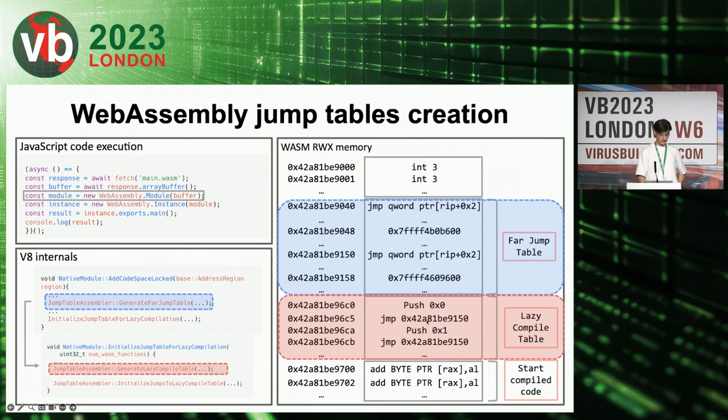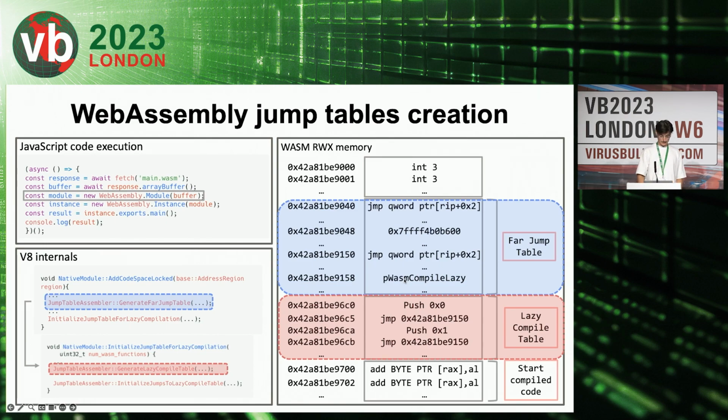And then it jumps to this address here that is in the far jump table. And this is actually a jump to somewhere in memory. And this somewhere is here. And this pointer is actually a pointer to WASM compile lazy. So what it does is just push the function index and call the WASM compile lazy function.